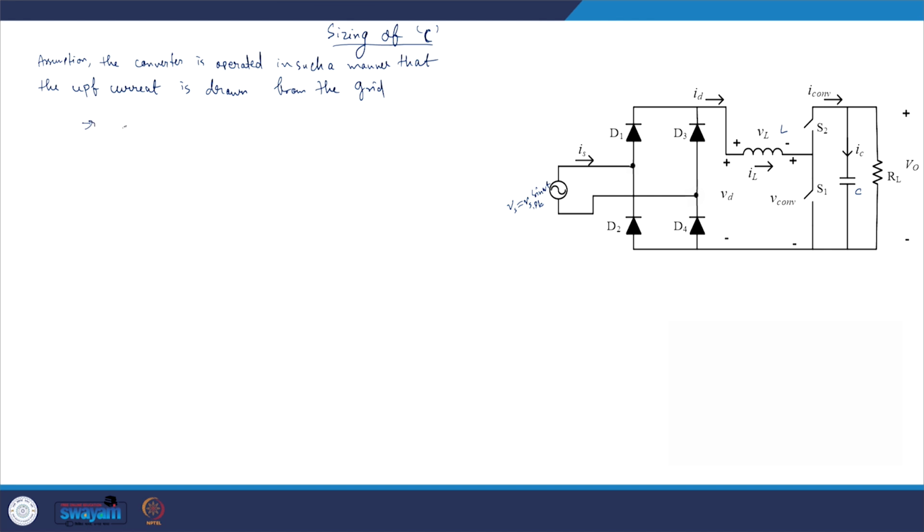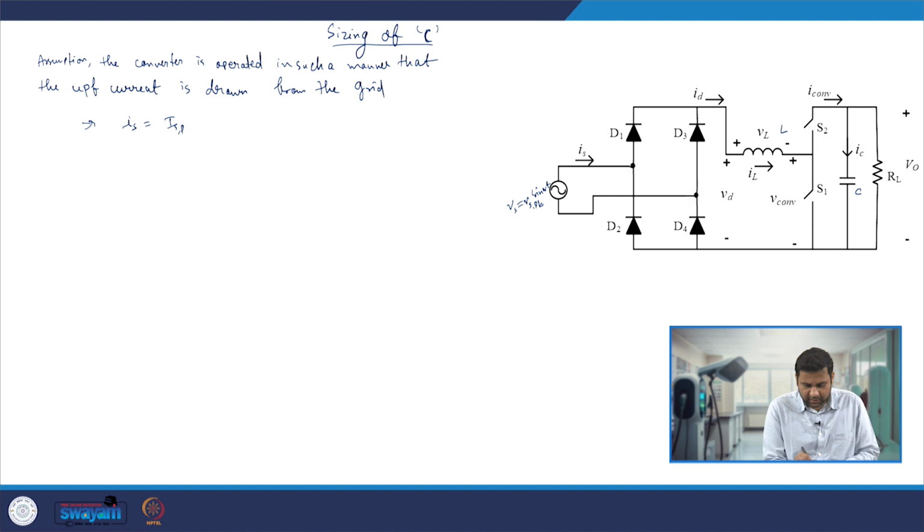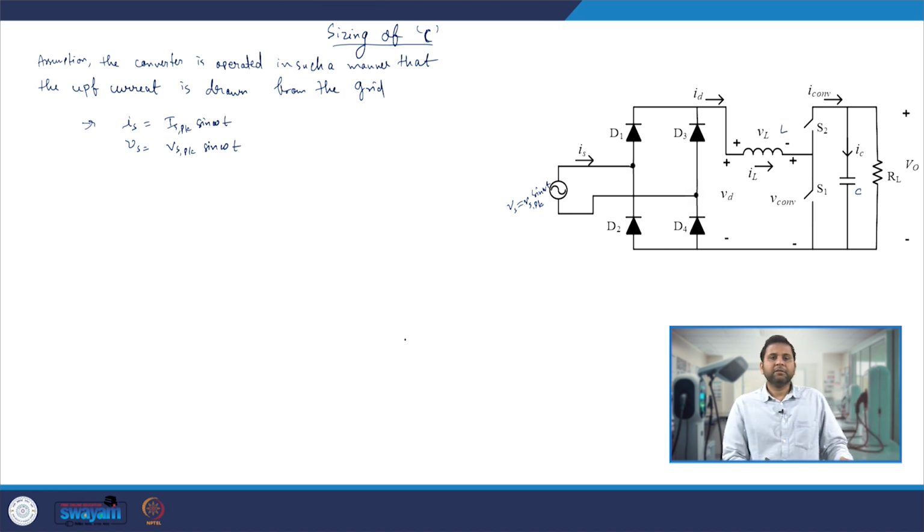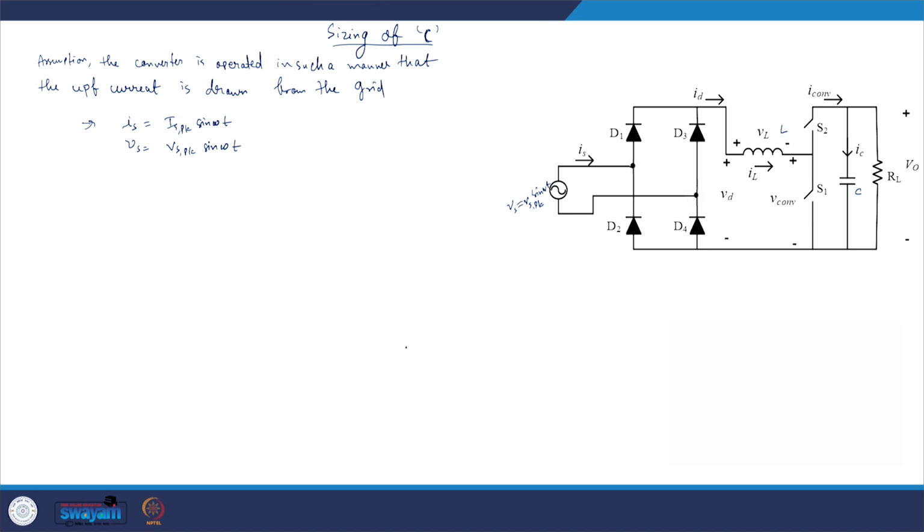That implies my Is value is nothing but Is peak times sin omega t, and my Vs value is nothing but Vs peak times sin omega t. Both are in the same phase, and the phase difference between Vs and Is is 0.